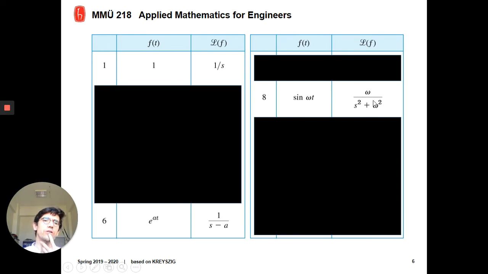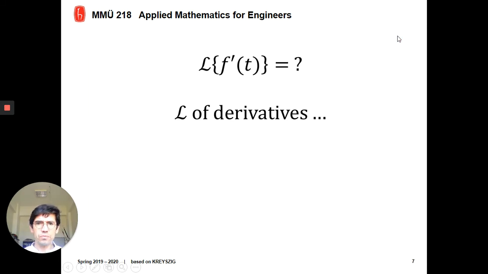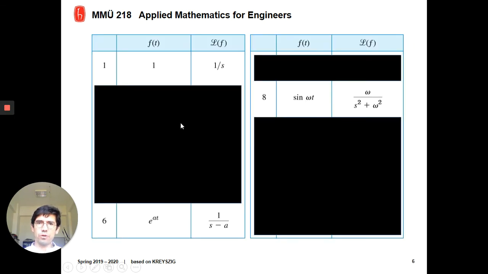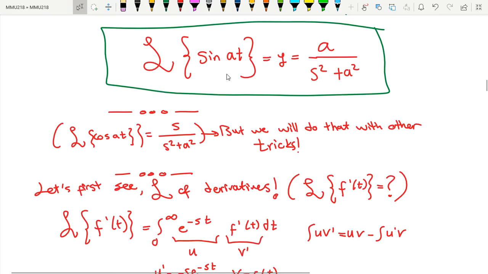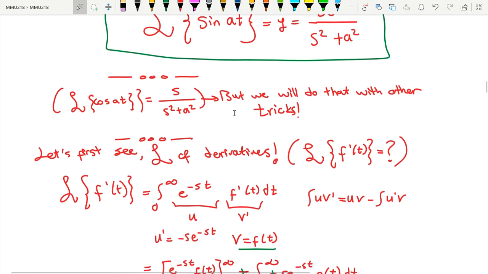So in your frequency domain, actually, that turns out to be our omega. So that's a good thing to know already. And we will open up all these black boxes later, one by one, as we see through. But Laplace of derivatives, let's see how we can express it.